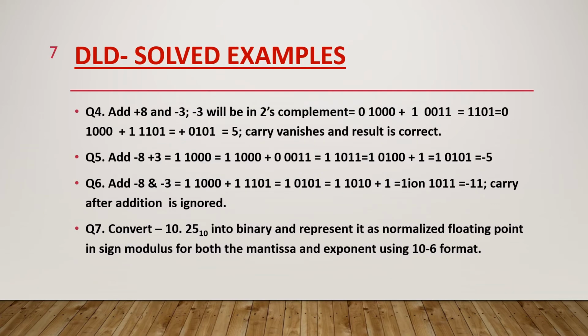Next, question 4, we try to add plus 8 and minus 3. Obviously minus 3 will be in 2's complement form, as we said that when we are adding the numbers, negative numbers are in the 2's complement form, because basically plus 8 and minus 3 is an addition process, and as we have already said, addition is the only process in all arithmetic operations.